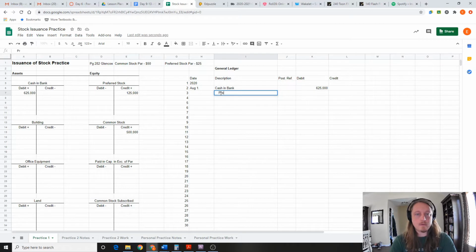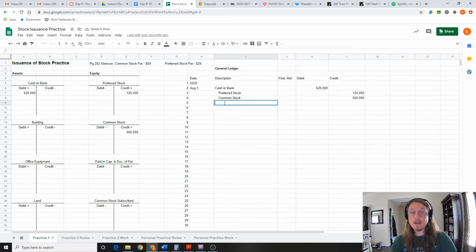So we gave out preferred stock. That was worth 125. We also gave out some common stock. That was worth 500. Okay, and then we also have one more line that we indent even more.